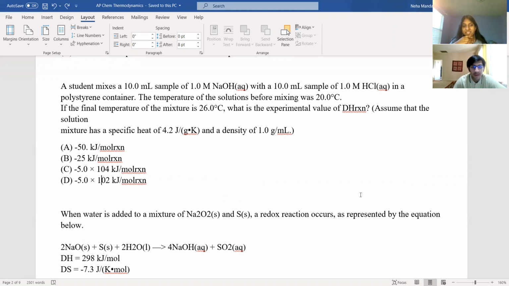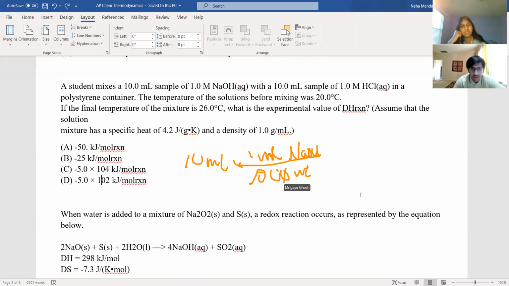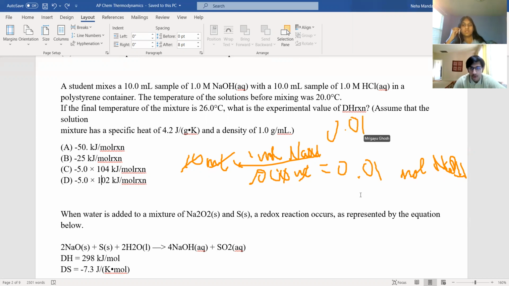Okay, so you have 10 milliliters for 1 mole of NaOH per 1,000 milliliters. So zeros cancel, milliliters cancel, you get 0.01 moles of NaOH. And then that reacts with the same idea, so that's 0.01 moles of HCl. Do you want me to look up the molar masses?